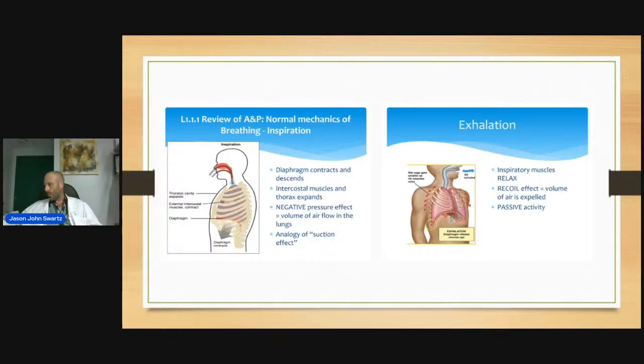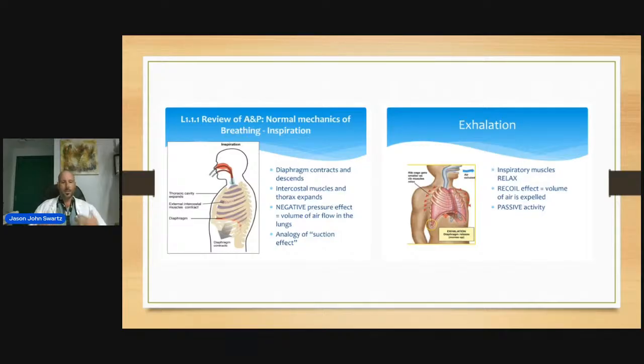Looking just at the normal physiology of breathing, we have our diaphragm, as well as the respiratory muscles, the intercostal muscles, and we also have the accessory muscles that can take charge also for deeper breaths.